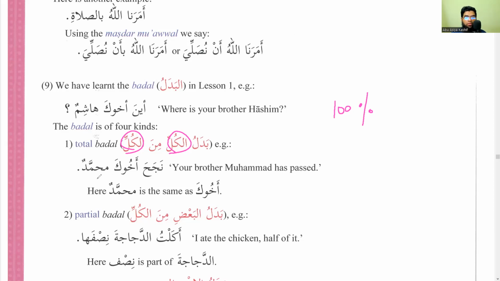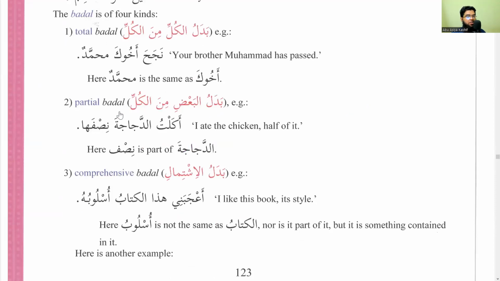So Muhammadun. Here Muhammadun is the same as akhuka. Next is partial badal, badalul ba'di min al kul. Here it's not 100%, it's less than 100%. It's like a fraction, partial.